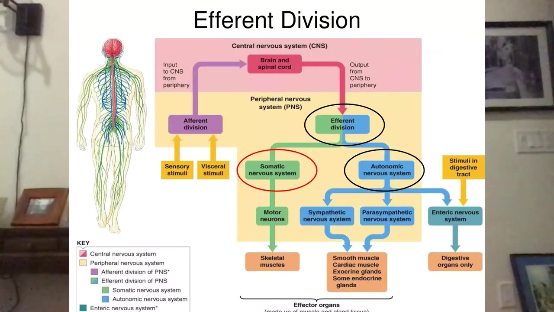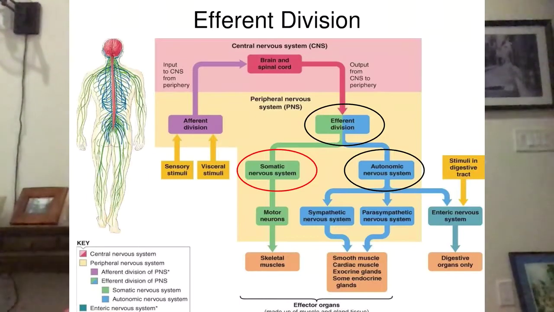Motor neurons will originate there and stretch all the way toward our skeletal muscles to innervate the skeletal muscle. The blue portion there is the autonomic nervous system.